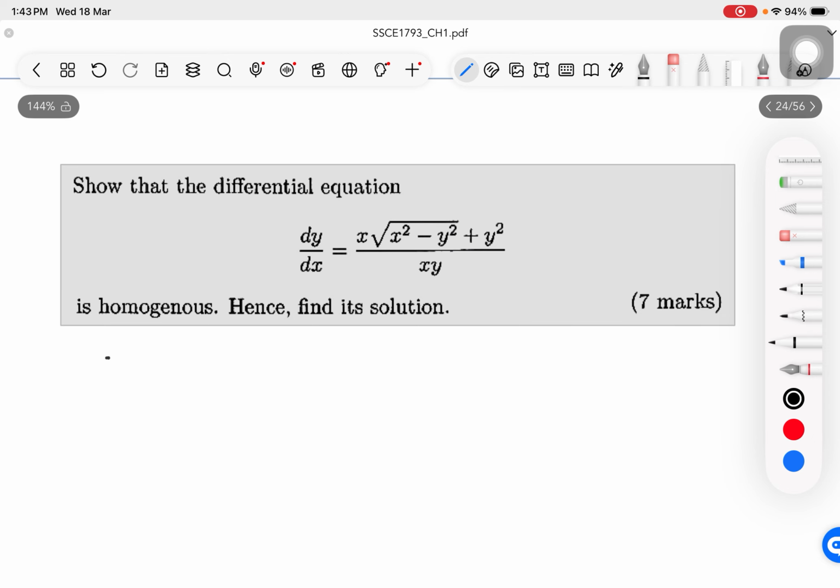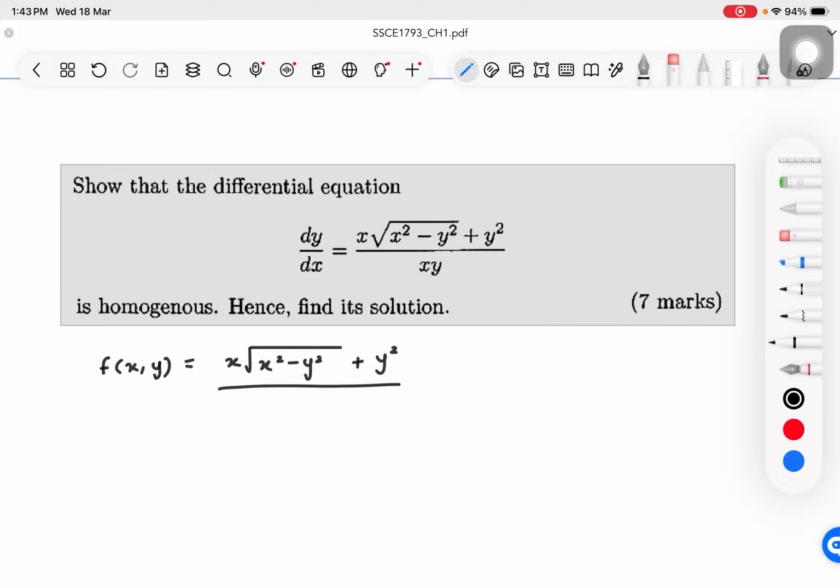So your f(x,y) is equal to x squared minus y squared plus y squared over xy.